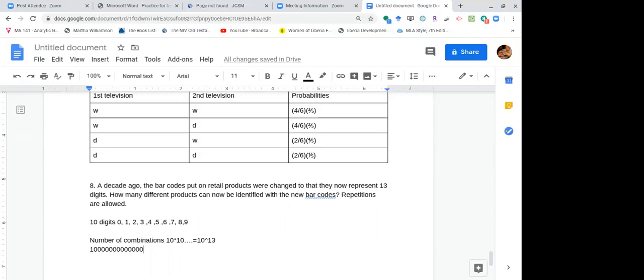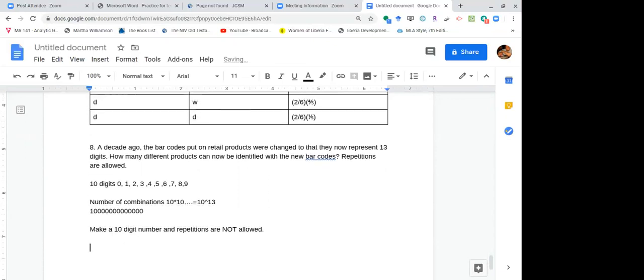But if I said to you something like this, if I said, make a 10-digit number, and repetitions are not allowed. Well, I have 10 unique digits, right? So in that case, I'm making a 10-digit number.